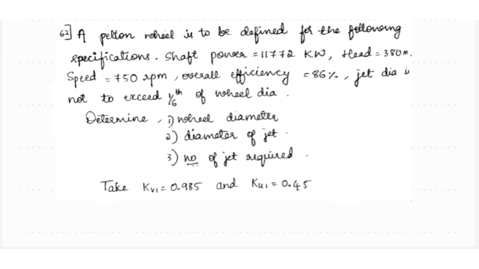Jet diameter is not to exceed 1/6 of wheel diameter. We have to determine first the wheel diameter, capital D; second the diameter of jet, small d; and third the number of jets required. Here take Kv1 is equal to 0.985 and Ku1 is equal to 0.45.